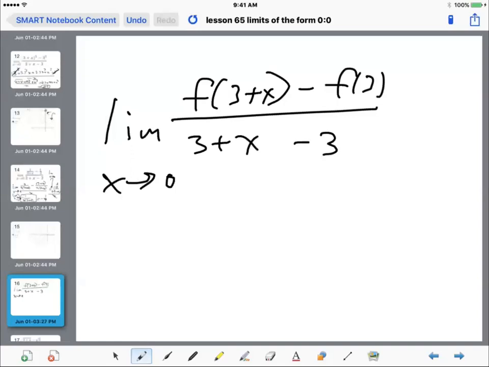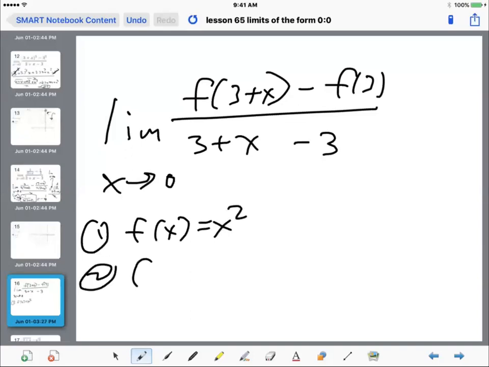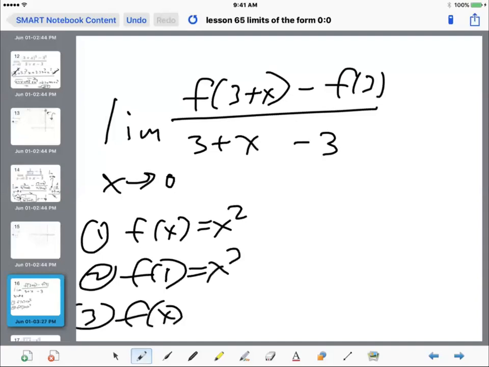For the first question, f of x was x squared. For the second question, f of x was x cubed. For the third question, f of x was 1 over x. There are only really two more questions.